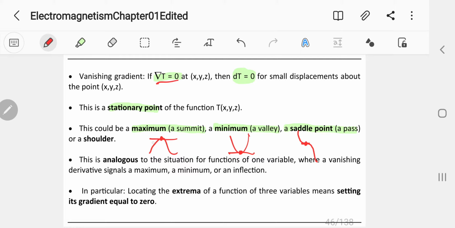So this is just a three-dimensional figure for the derivative. So of course in two dimensions it would be very easy to imagine those things.